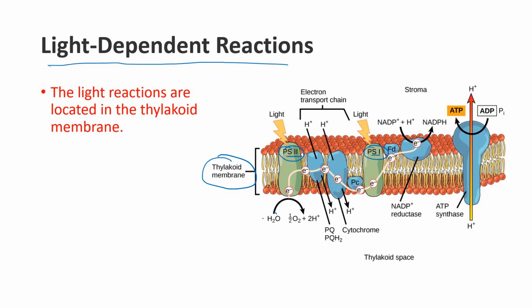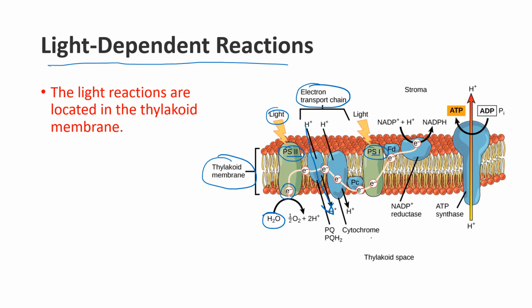You can see that the electrons are coming from water, and they are being boosted up to a higher energy state using energy from the light in the photosystems, and some of those electrons are being shuttled through an electron transport chain. And in the process of the electron transport chain, that energy from these high energy electrons is being used to pump protons across the thylakoid membrane.